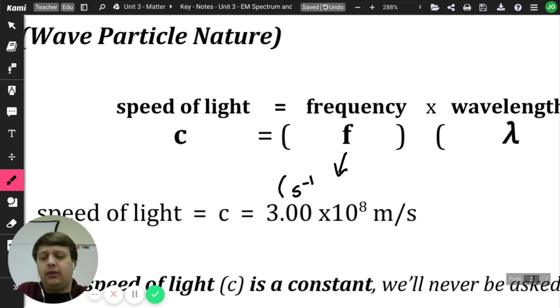If y'all know stuff about math, s to the -1 is the same as 1 over s, just written in a different way. And then the other way that you could see frequency is hertz, Hz, and that's probably the most common way you'll see it. These are all interchangeable. So if you have hertz in a problem, you can easily convert it into one of the other two.